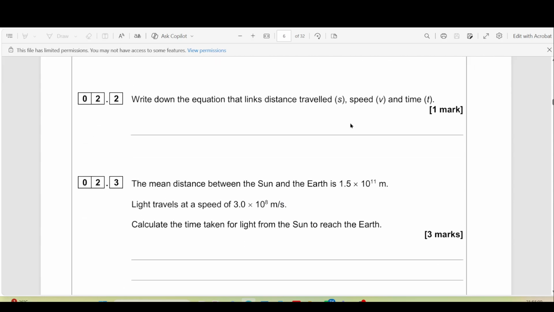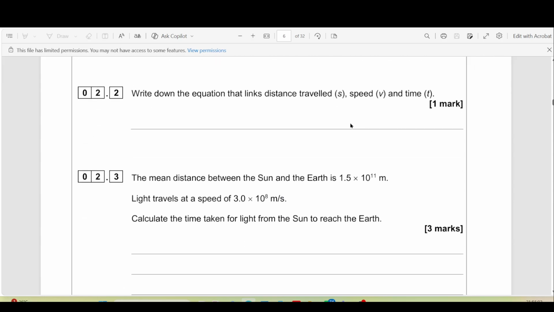Write down the equation that relates distance traveled, speed, and time. Okay. Distance traveled, speed, and time: s, v, and t.